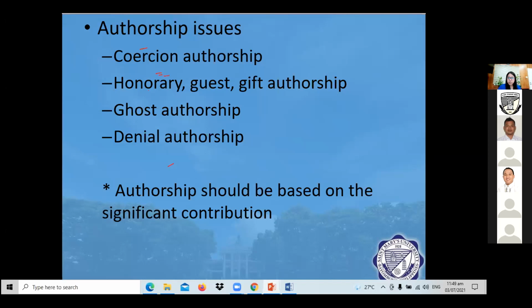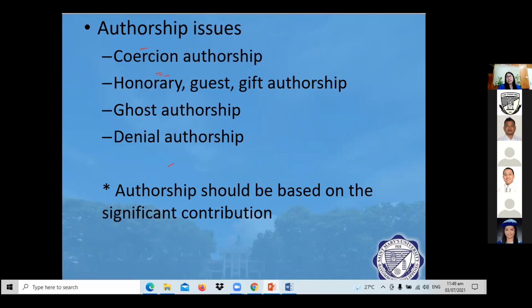So authorship should be based on significant contribution. There's also an issue on the arrangement of how you're going to place the names. So who will be the first one? The main author, the lead author, the person with the greatest contribution must be placed first. Right? And then the rest follow in descending order, because as I said, it is based on significant contribution.